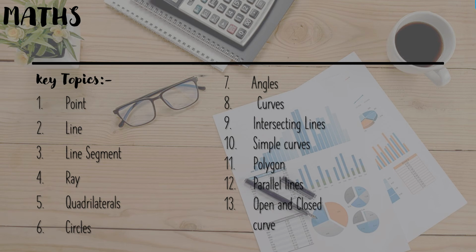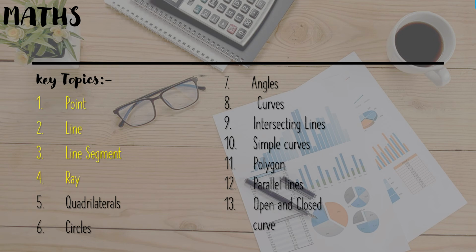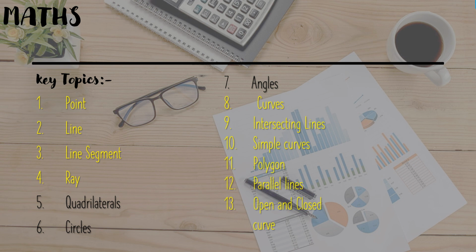So in class 1 we have taken out certain topics which we'll be discussing in this chapter. These topics are point, line, line segment, ray, quadrilaterals, circles, angles, curves, intersecting lines, simple curves, polygon, parallel lines, open and close curve, from which we have already done certain topics in class 1.